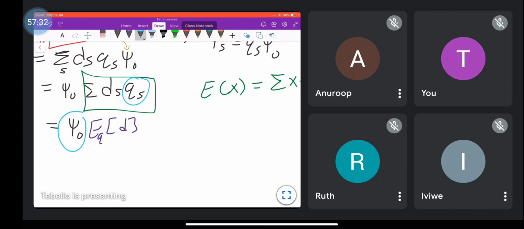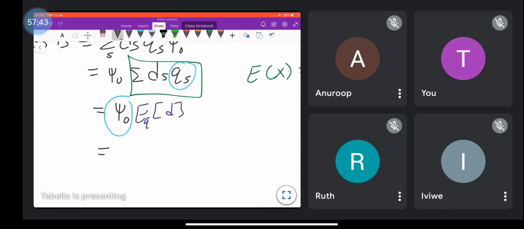So if you have 3 states, then you have payouts of 1, 1 and 1. So we can therefore express this thing as the total return of a risk-free asset.